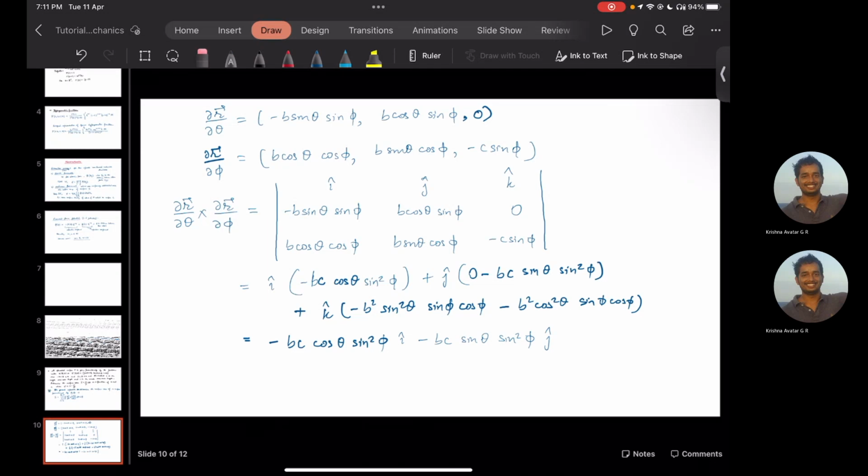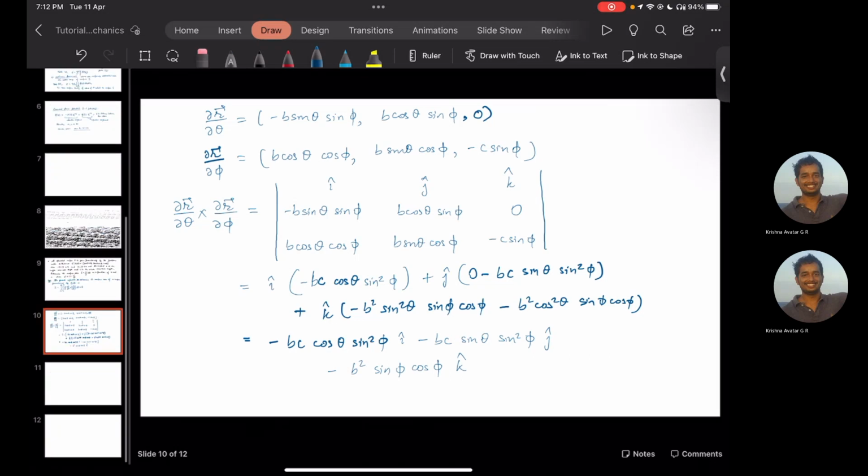For the k component, b squared sine phi cos phi is the common factor, and within the brackets you have sine squared plus cosine squared theta, which evaluates to 1. So the result is minus b squared sine phi cosine phi k hat.